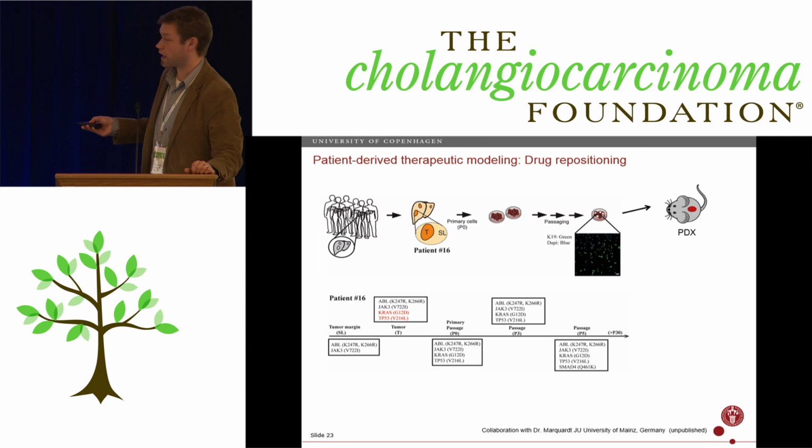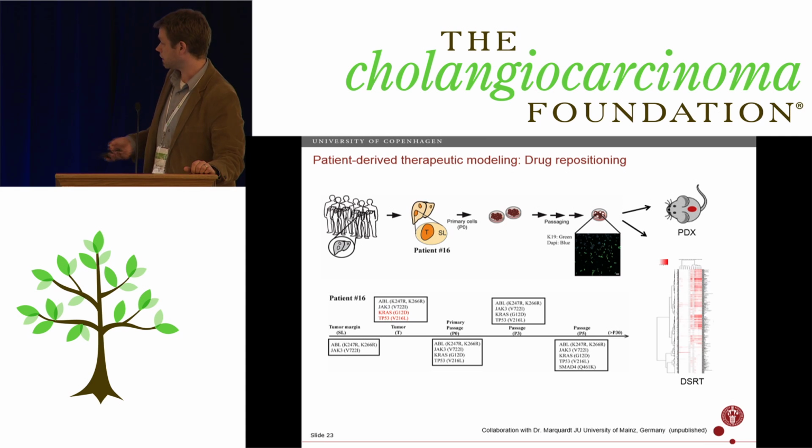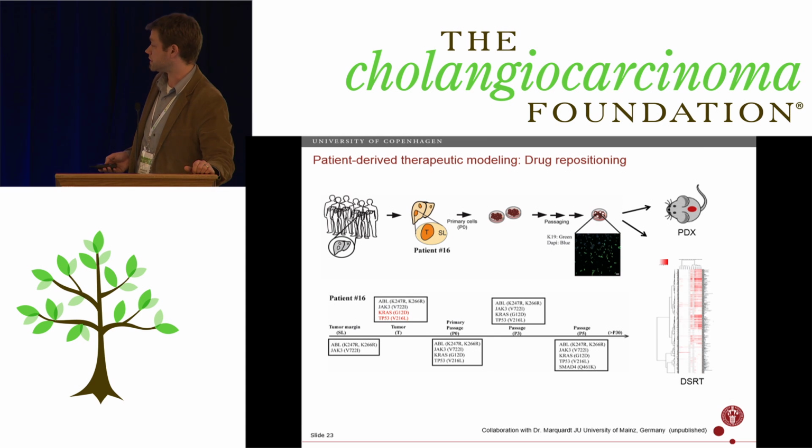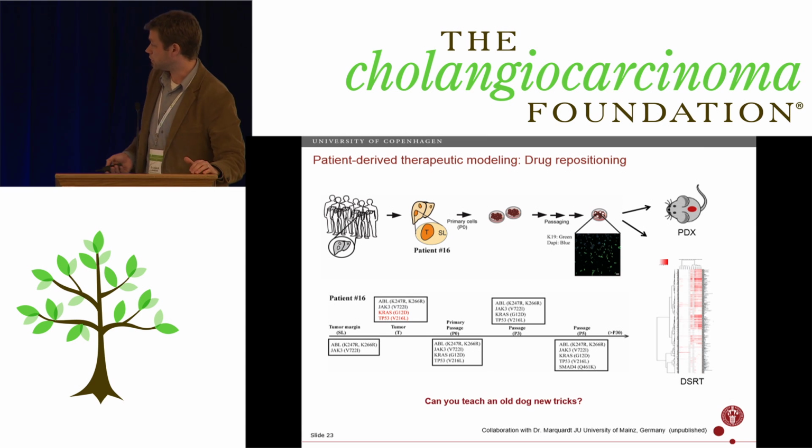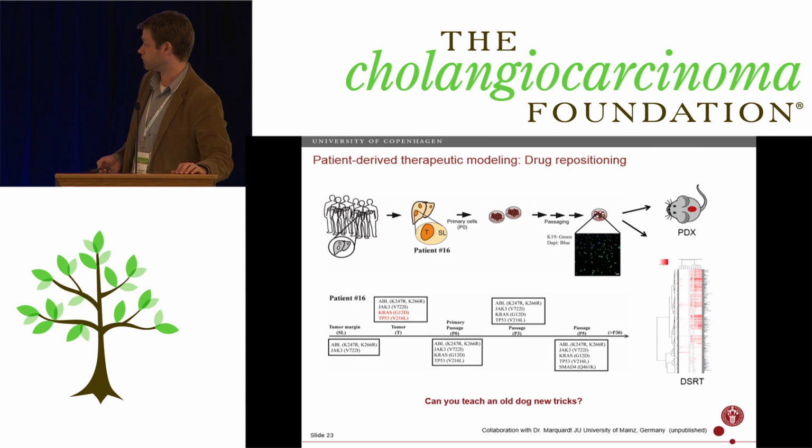That can be used either in the mouse for therapeutics, or we can use it for drug sensitivity and resistance testing using already approved FDA drugs to see if we can, as the name says, do drug repositioning, if we can identify drugs that can be used in intrahepatic cholangiocarcinoma or any other type of cholangiocarcinoma for that matter.